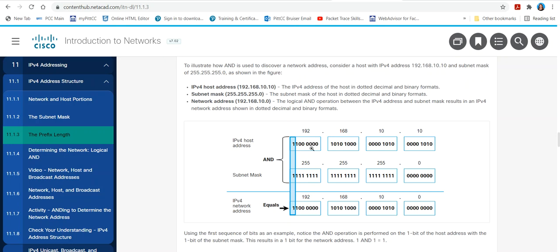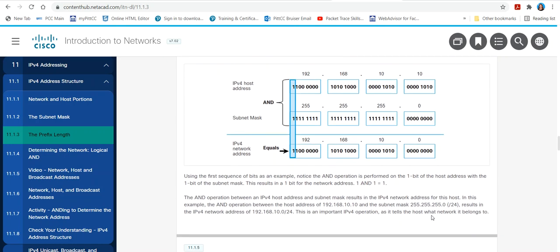Here you have a 0, a 1, and a 0. And you have that for the remainder of this octet. Over here, same thing, 1, 1, so 1 falls through. 0, 1, so 0 falls through. And if you do that all the way through, then you have this IPv4 address.